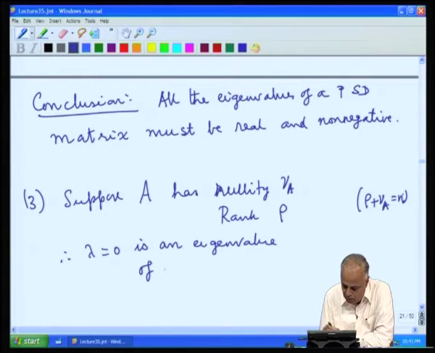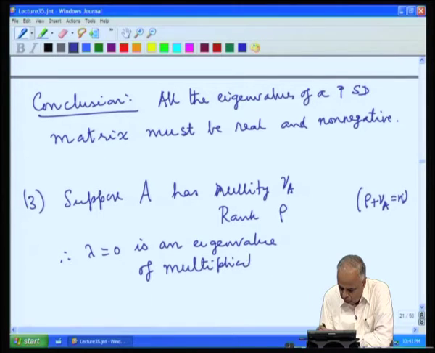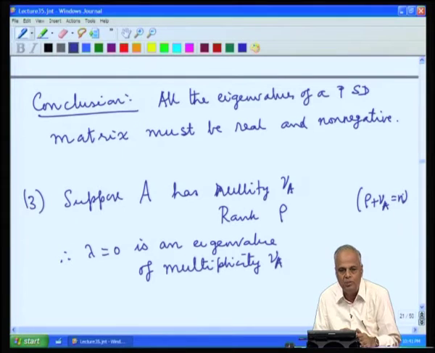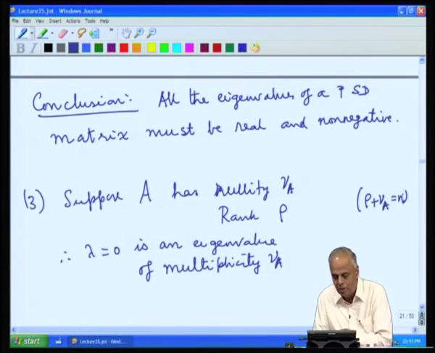of multiplicity nu A. A is an n by n matrix, so there must be n eigenvalues; nu A of these eigenvalues are 0, so 0 appears as an eigenvalue nu A times. Now, how many more eigenvalues do we require?